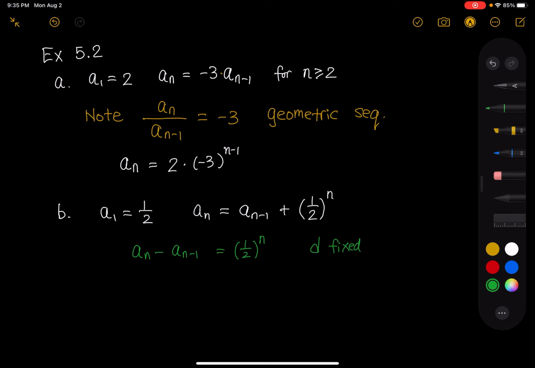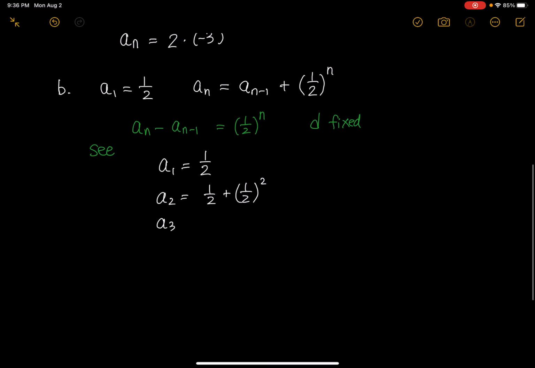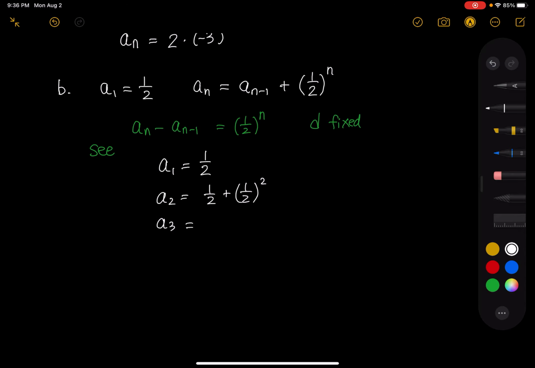We will need to eyeball it and be able to see what the general formula is going to look like. So we will write out a few terms, like the textbook does. a_1 is 1/2. a_2 is 1/2 plus 1/2 squared.